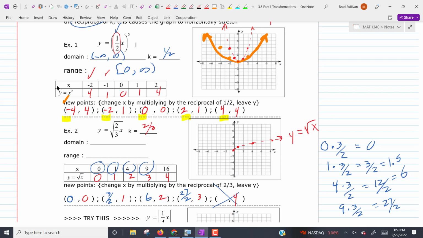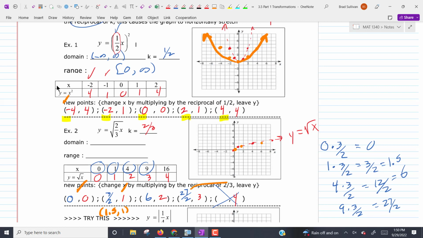Okay, so now if I go through and plot these points, what I'm going to have is I still got 0, 0. I've now got 3/2, 1. And remember, that's 1.5, 1. So just go over 1.5 and up 1. Then we got 6, 2, like that. And then we got 27 over 2.